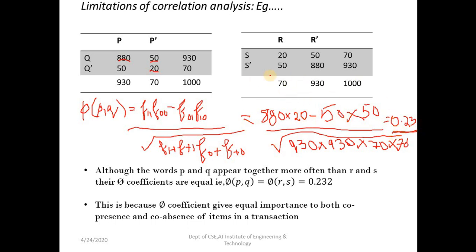Now similarly, you should calculate phi of r comma s on your own.